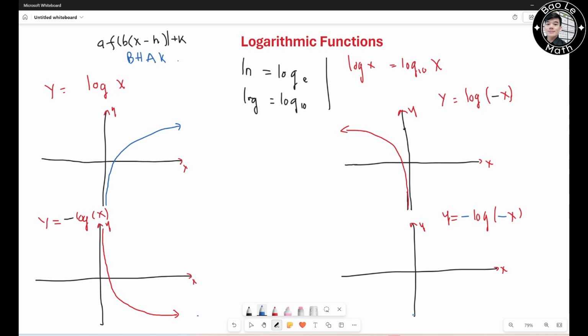So it's gonna be something like this. Now we need to do b first and then we do a later. A means vertical dilation, right? So -1 right here, and then I reflect over the x-axis. So it could be something like this. So the final answer should be this guy, the last one.